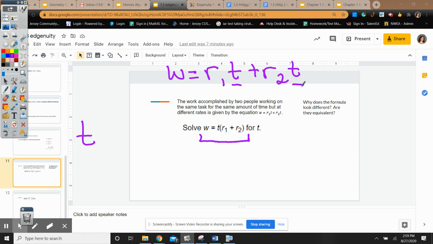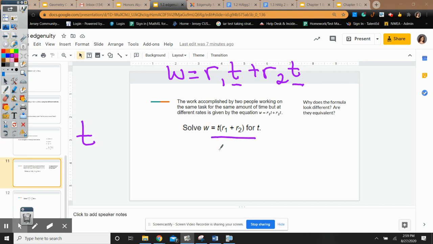Both of these terms have a t in common, so they pulled it out and wrote t times R1 plus R2. That makes it significantly easier to get t by itself because you could just divide both sides by that entire quantity, R1 plus R2.